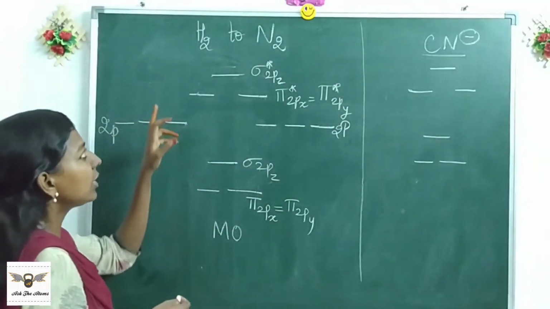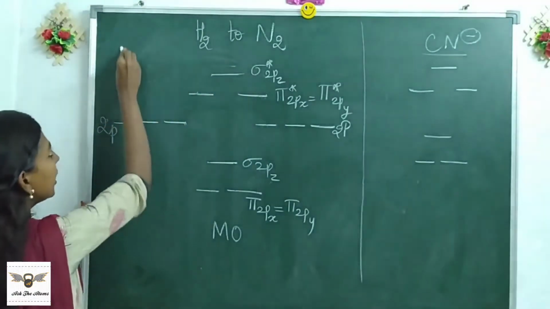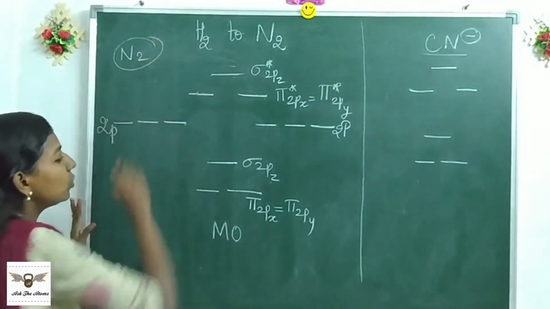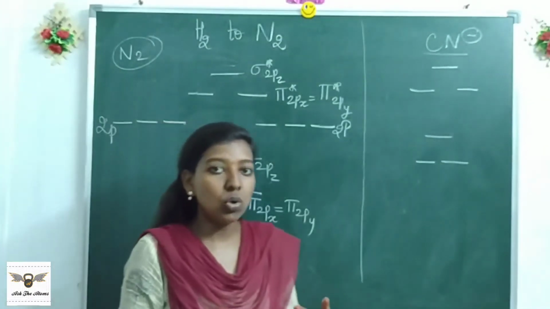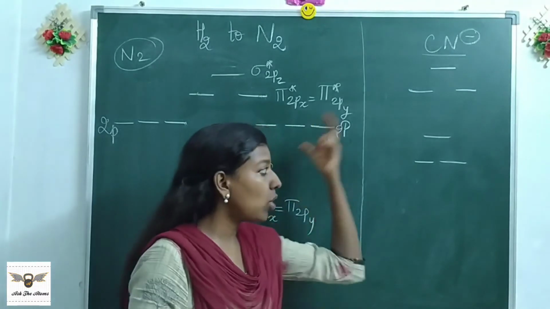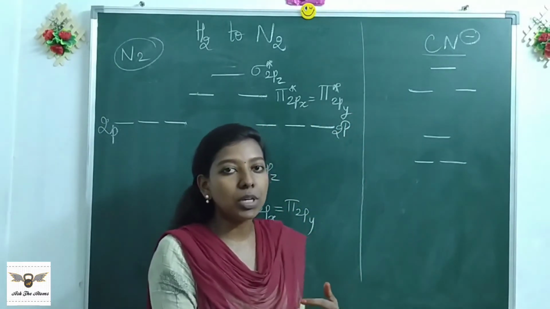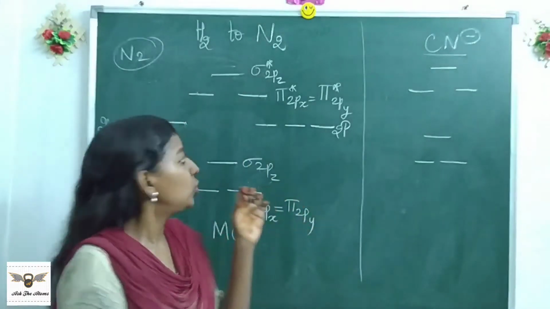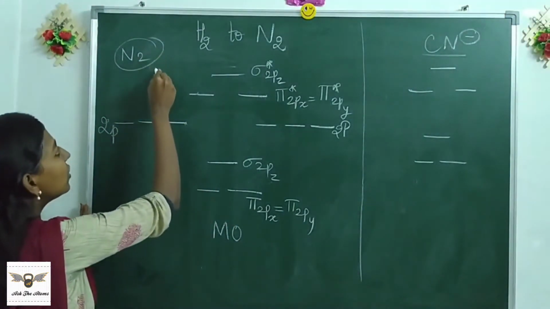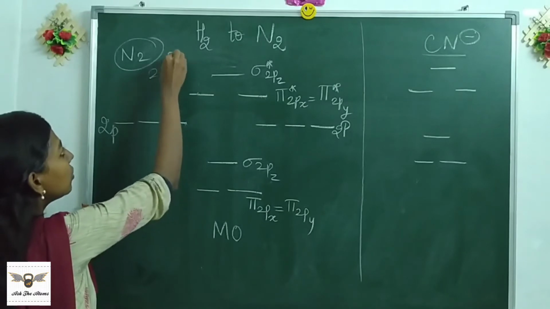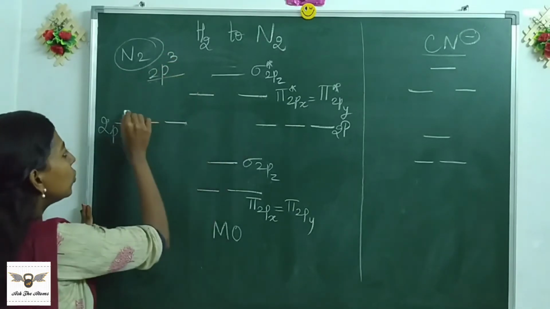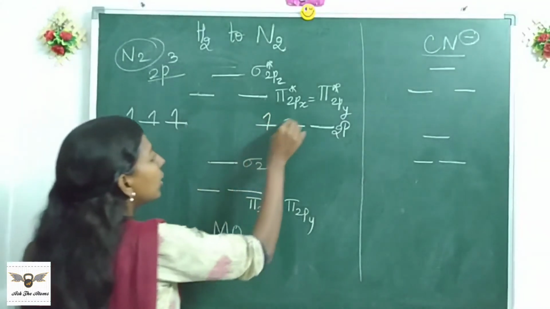Now I am going to fill it. Suppose we take nitrogen. Now we have learnt the basics well, so we don't have to do the molecular orbital construction for 1s2, 2s2 and all. You would directly go for 2p because that is the game changer. So for nitrogen, the p configuration is 2p3. So I start doing the 2p3 alone. 1, 2, 3, 1, 2, 3.